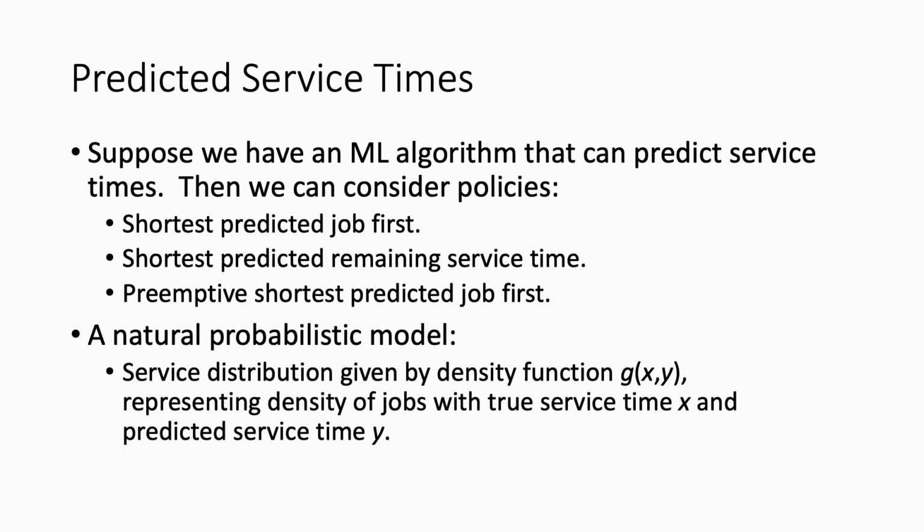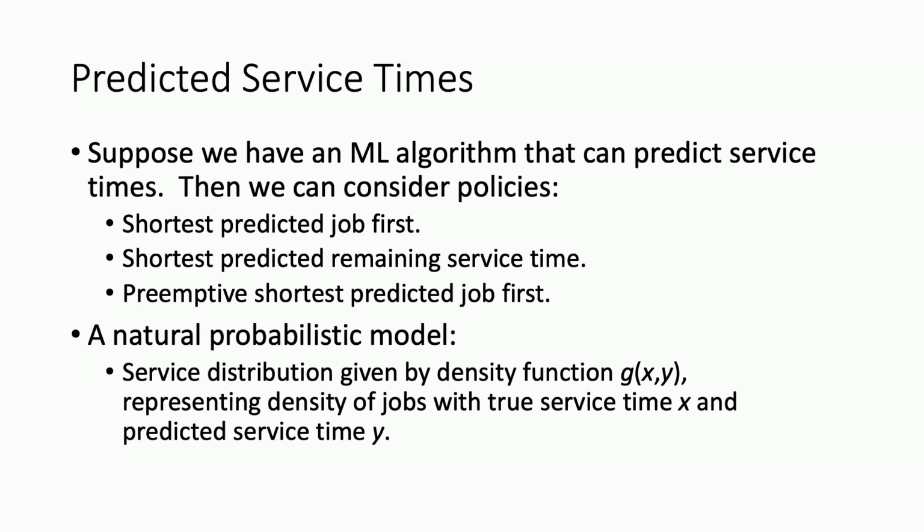It makes a lot of sense for call centers, or even the airport line: someone asks me a question and can predict something about how long I'm going to spend in line. Then you can think of policies like shortest predicted job first and shortest predicted remaining service time.